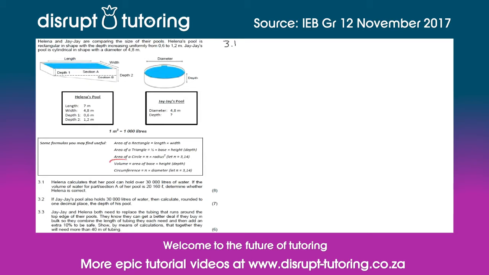Ultimately we need to use this volume formula. But as you can see within the volume formula, we need to find the area of a base. So first of all, the area of the base is a triangular shape.